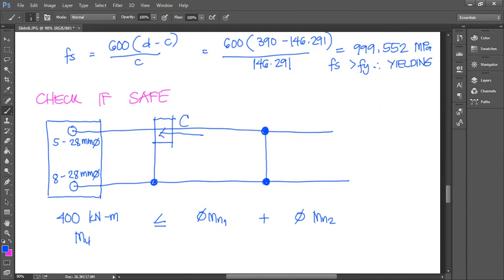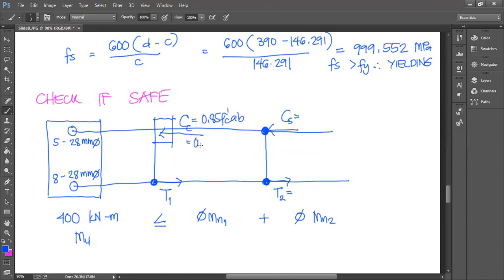Meron tayong compression and meron tayong tension na T1 and compression due to concrete. Then meron tayong compression due to steel and T2. Ngayon, yung compression ng concrete will still remain the same as 0.85 f'c a b.